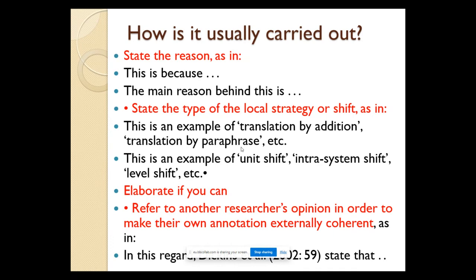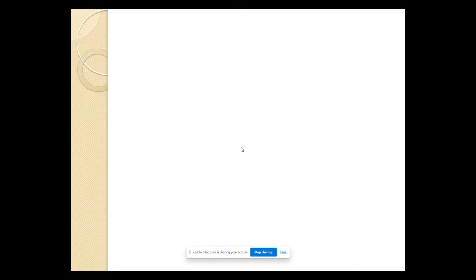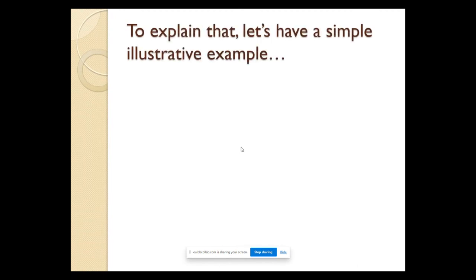Or Catford, 1965, or Newmark, 1988, or Newmark, 1981, Venuti, 2008, etc. So you have different resources which you can use to support your claim and to support your argument. Okay? So to explain that, let's have a simple or illustrative example.